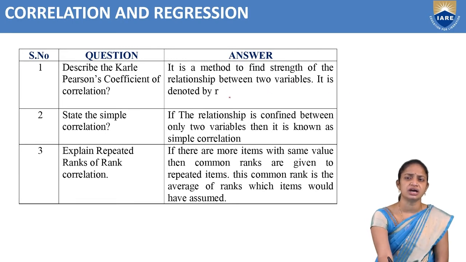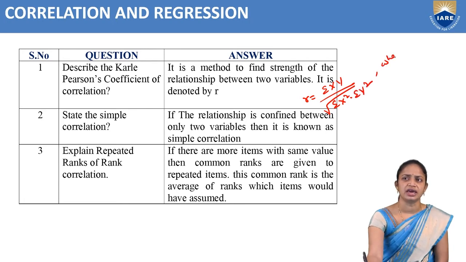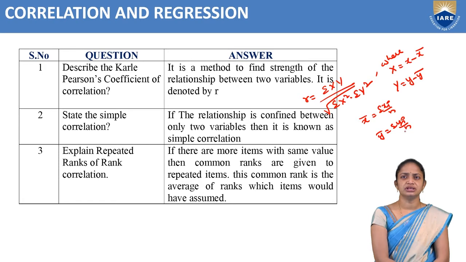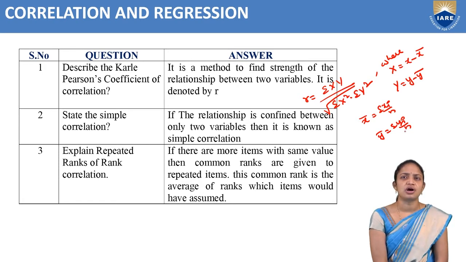It is denoted with r, where r equals sigma XY divided by the square root of summation X square into summation Y square, where capital X equals x minus x bar and capital Y equals y minus y bar, and x bar equals summation xi by n and y bar equals summation yi by n. So this is Karl Pearson's coefficient of correlation.